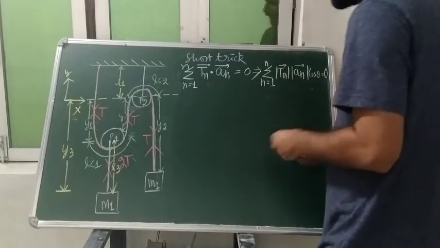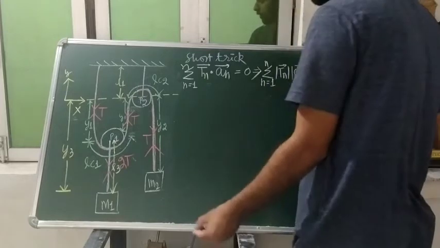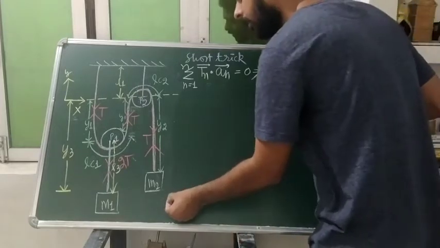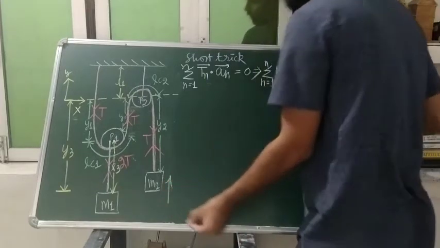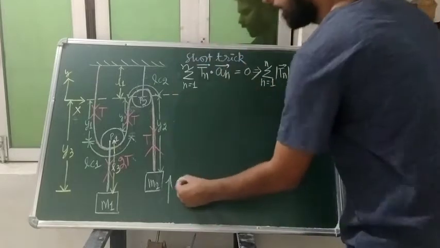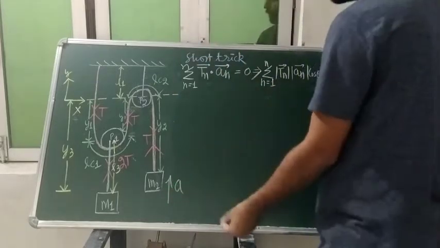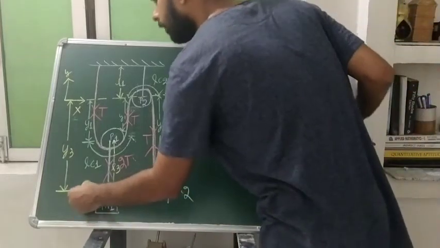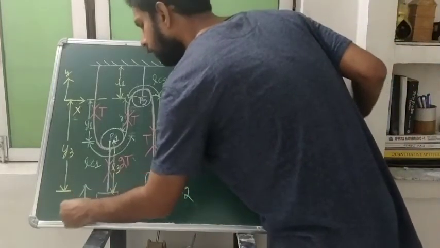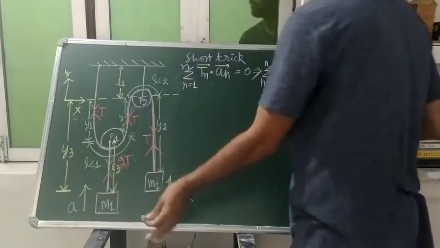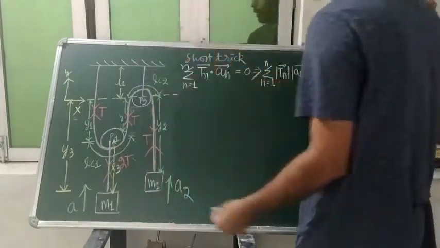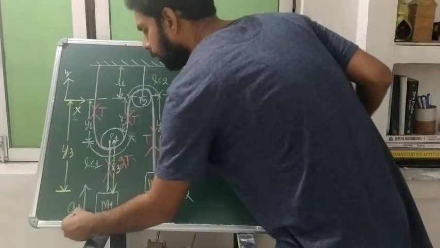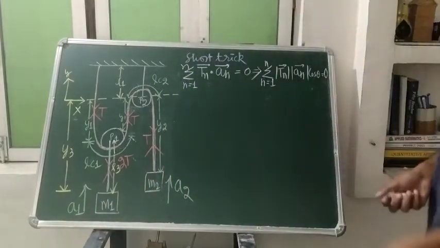Suppose I am considering that they will be in the same direction, which I am assuming as upside. The acceleration of block 2 I am representing by A2, and the acceleration of M1 I am also saying upside, represented by A1.